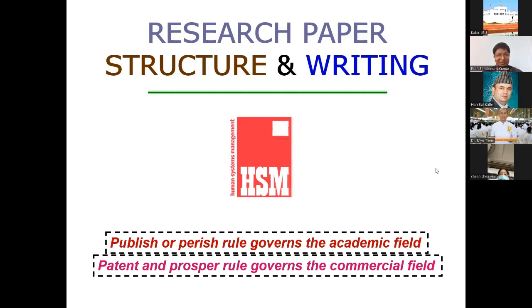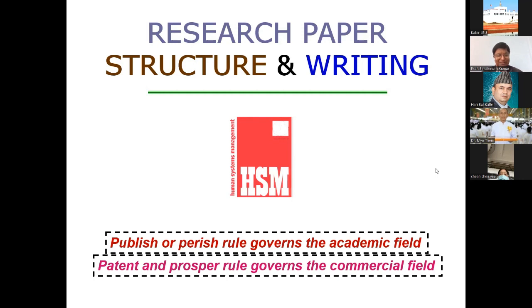But a person who is registered for the PhD course has only one aim: get publications, good publications of research papers, or perish. If you do not get good publications, if you do not prepare a good research paper, you are not advised to pursue your research work.